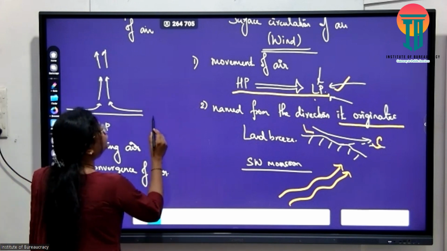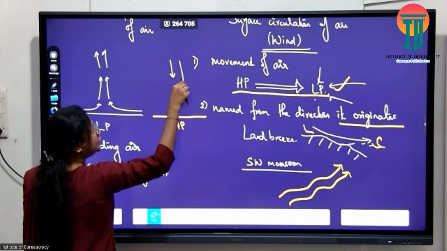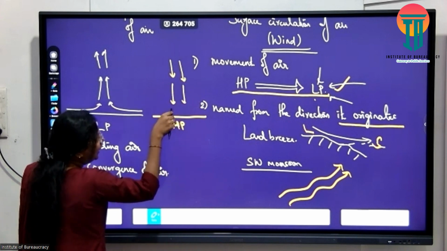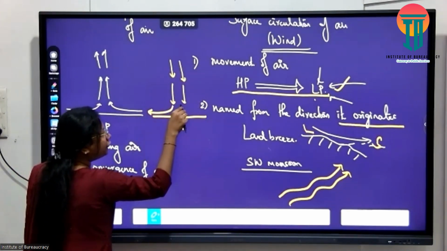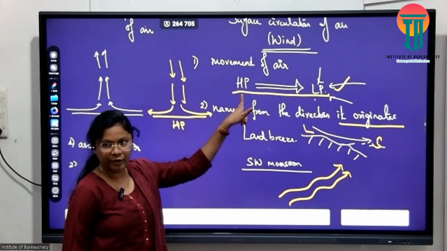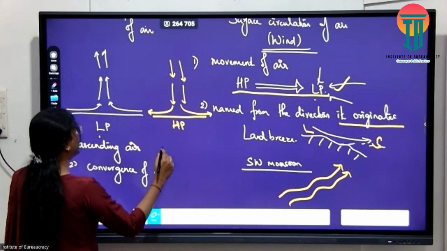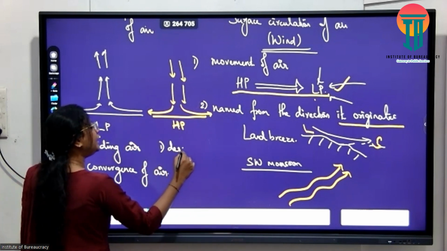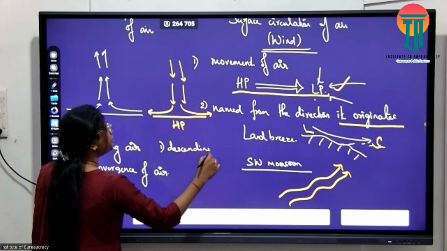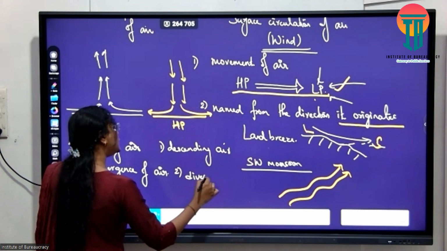Then how will high pressure be? High pressure has descendance of air column, thereby divergence of wind, because the high pressure region is the source of origin of wind movement. Wind moves from high to low. So a high pressure region is characterized by descending air and divergence of surface wind.